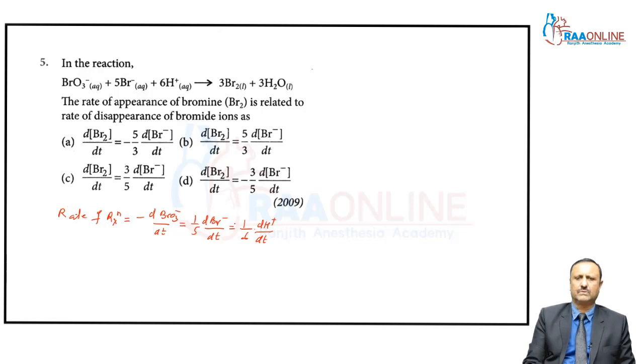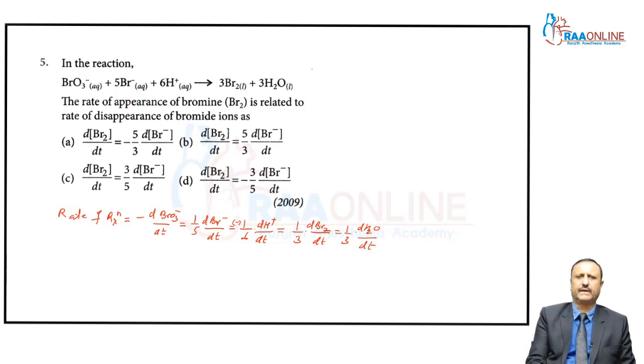These are the reactants, so the minus sign is present, and that equals, with a plus sign for the products, 1/3 d[Br2]/dt, equals 1/3 d[H2O]/dt. My dear students, this is the rate law.